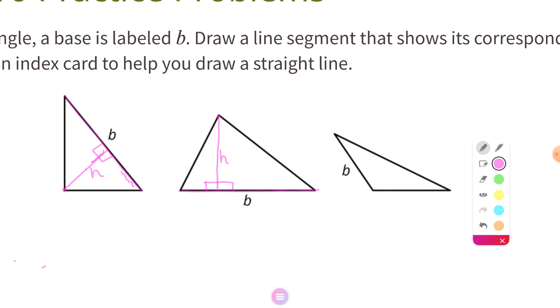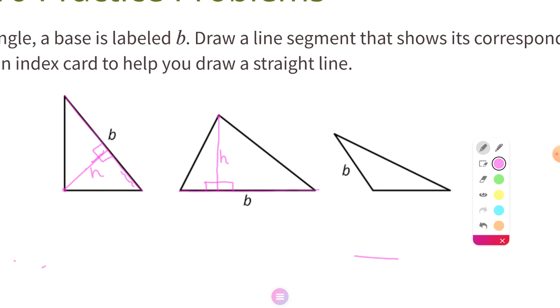The next one's kind of tricky. Paxton, what might I need to do on this next one? If this were me, I wouldn't choose that side as the base. I would choose the bottom side because that'd be a lot easier to calculate the height. So I'm going to try and draw for you what it would look like.